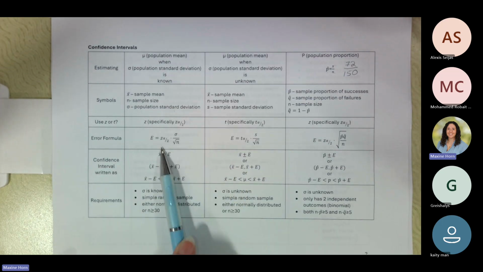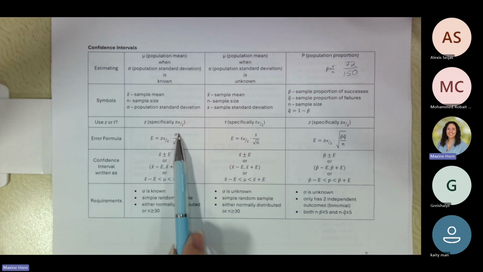Then we have our error formula. Again, your instructor might want you to memorize it or might want you to just be able to manipulate it, but somehow you'll probably have to be using these. So we have our z alpha halves or z sub c times population standard deviation over the square root of n.